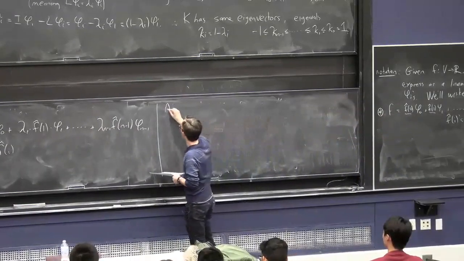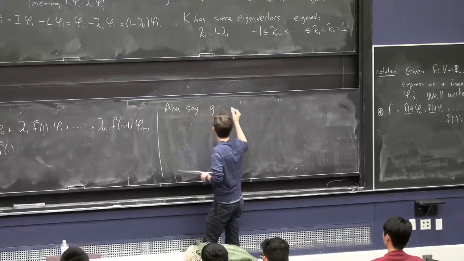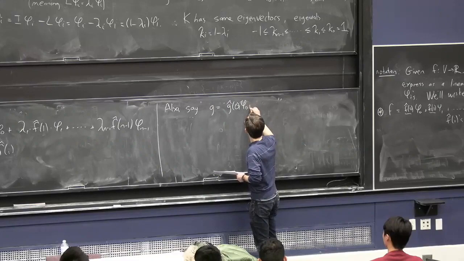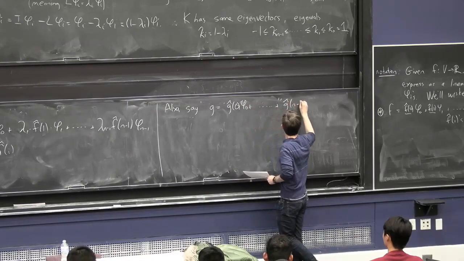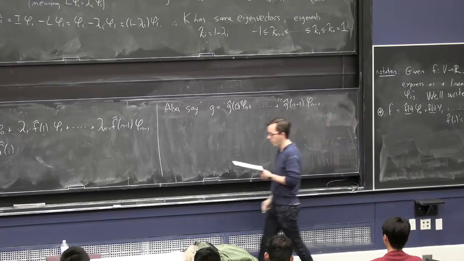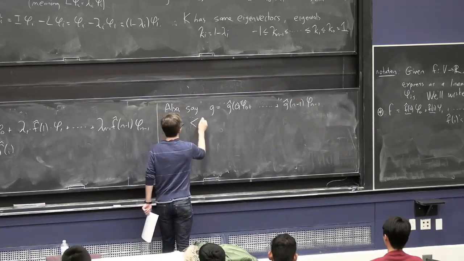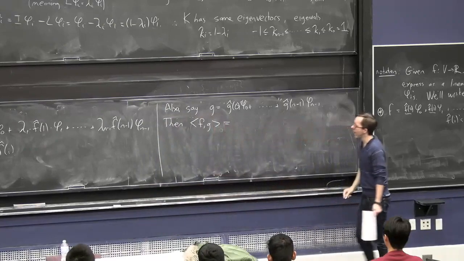Let me also note another formula, though. Say we have another function g, and we write it as a linear combination of these phi's. One thing we're always interested in when we have two functions, f and g, is their inner product. Let's see what happens.